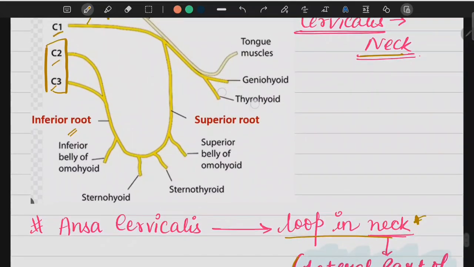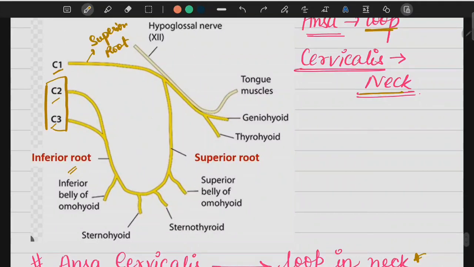Now coming to what passes to what. See, the C1 here is going to supply 2 muscles, the geniohyoid muscle and the thyrohyoid muscle. Clear? And also the 12th cranial nerve is passing through it. Okay, this is about the C1.